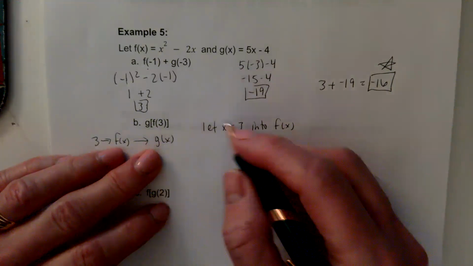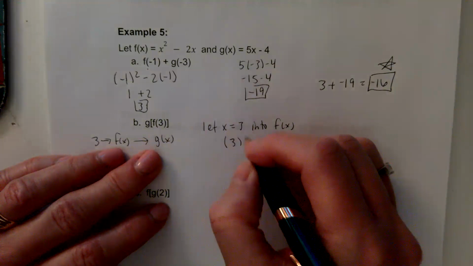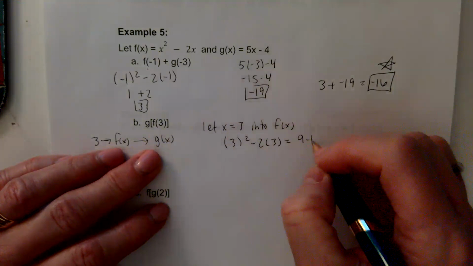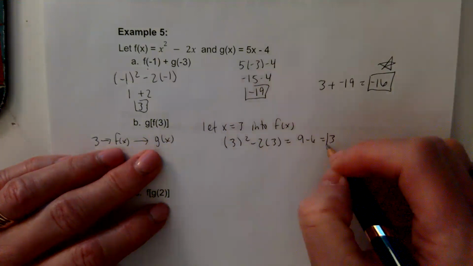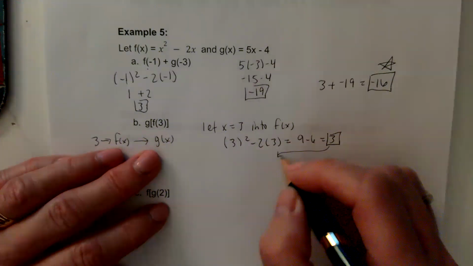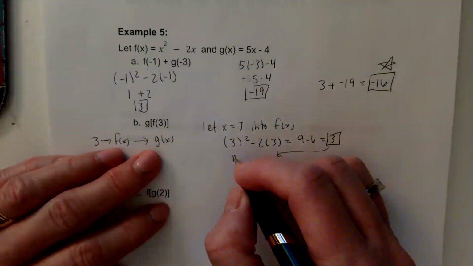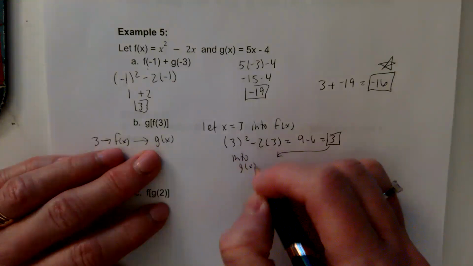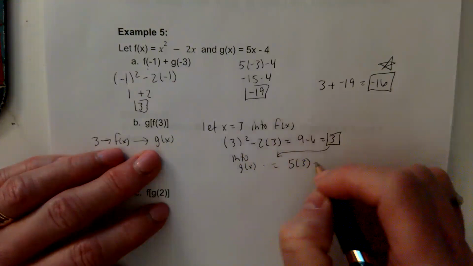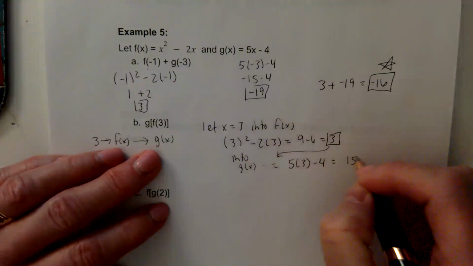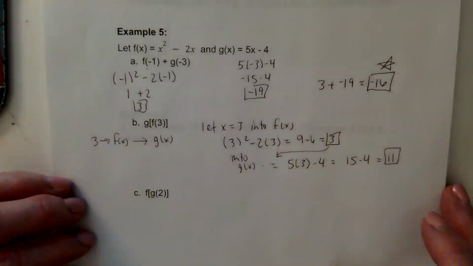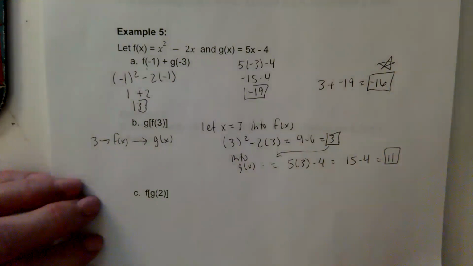So we're going to put 3 into X. So we have 9 minus 6, and that's weird because that comes out to be 3. And now that goes into G. So we have 5 times 3 minus 4, which is 15 minus 4, or 11. These two-steppers are tricky. Let's do another one.